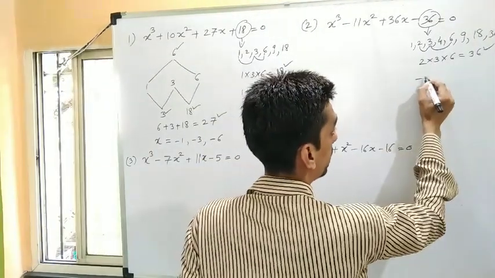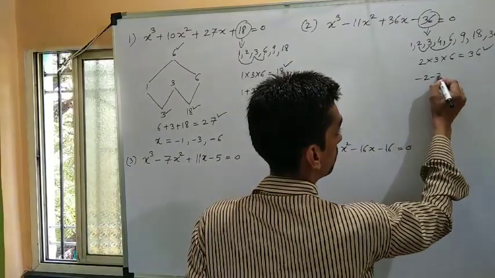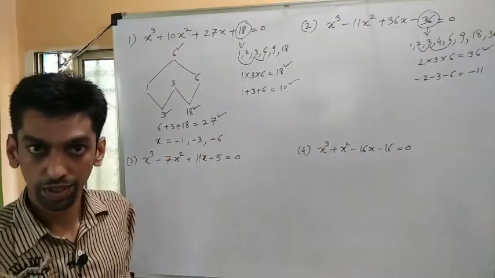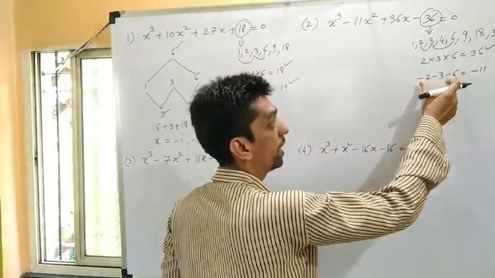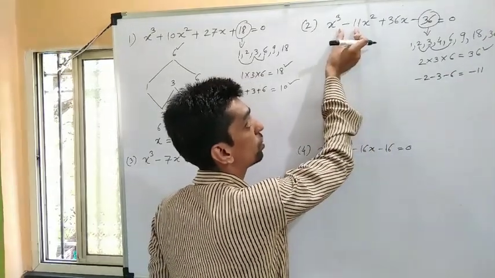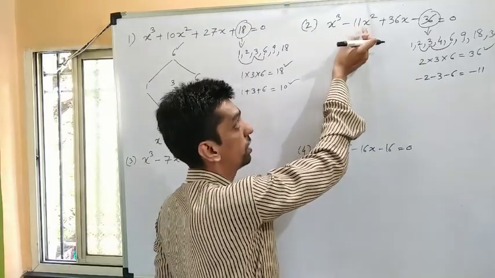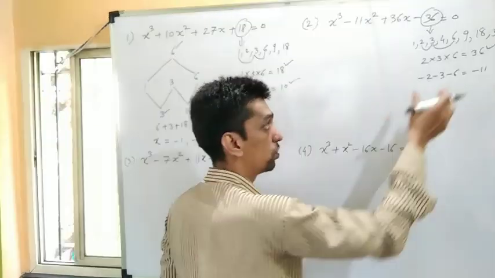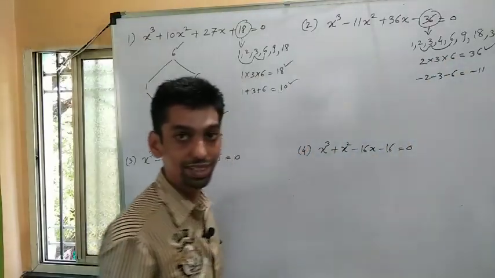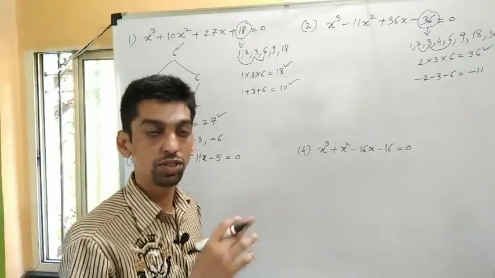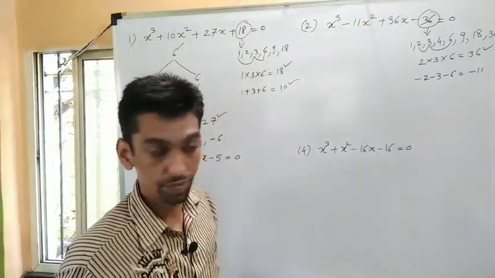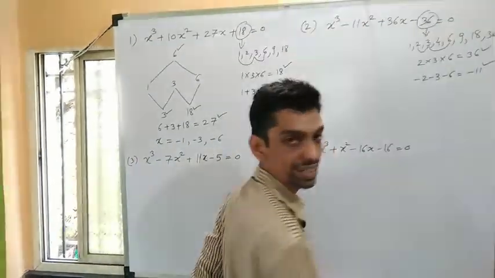So if I take the minus sign along with these 3 numbers, then it will be minus 11. So we have to apply the combination for these 3 numbers in such a way that its addition or subtraction will become minus 11, that will be the coefficient of x square. So the second condition is also satisfied.